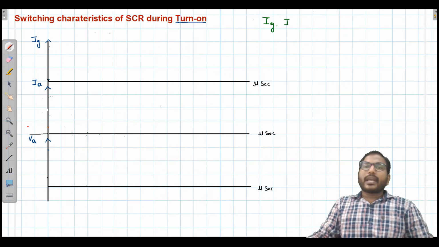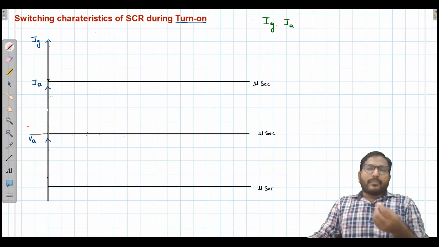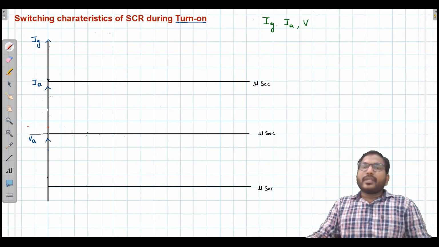Ia is the maximum anode current, or rated anode current, passing through the SCR, and Va is the anode voltage, which is maximum initially across the SCR. As SCR conduction increases gradually, the voltage drop across the SCR decreases gradually.